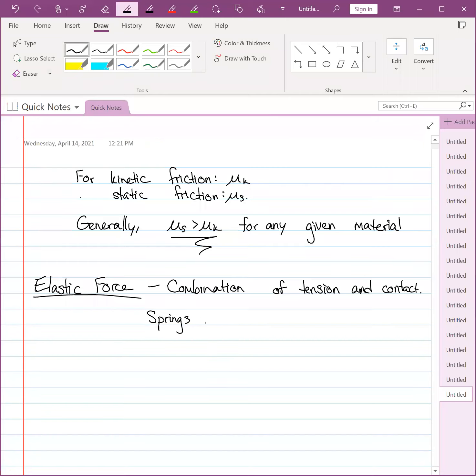So metal springs and all elastic forces in general produce what's called a restoring force.